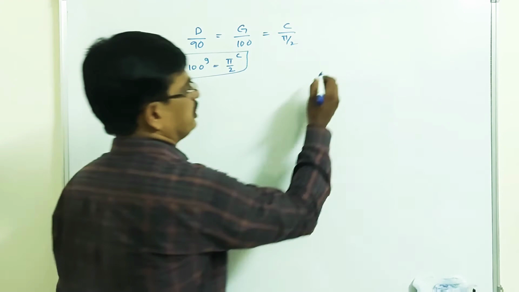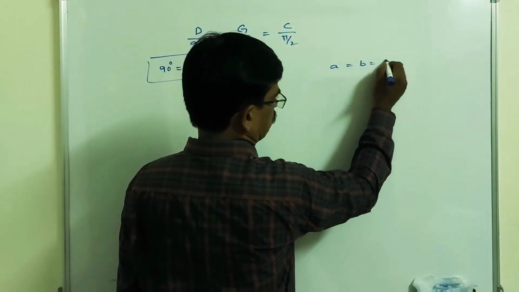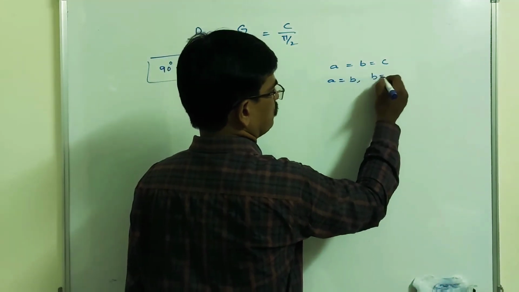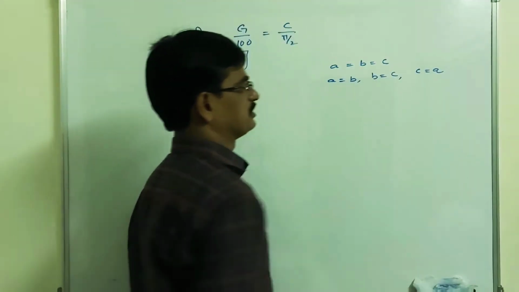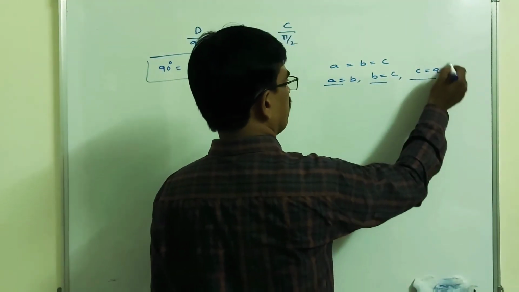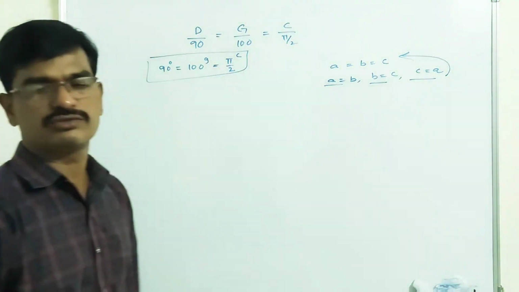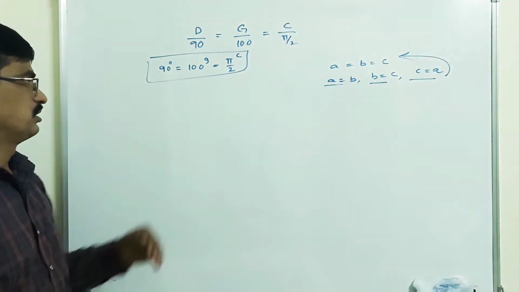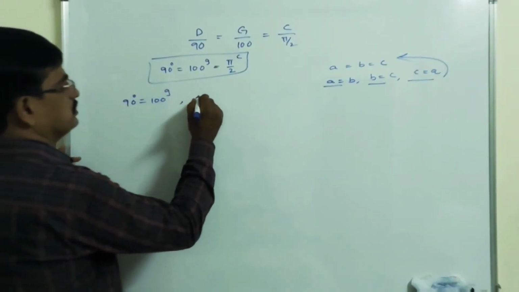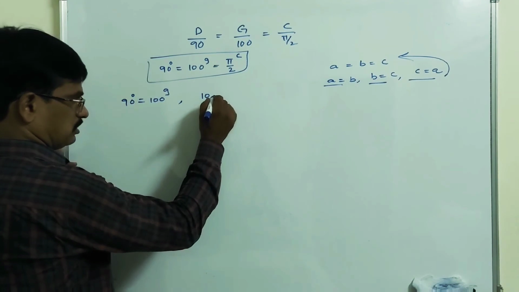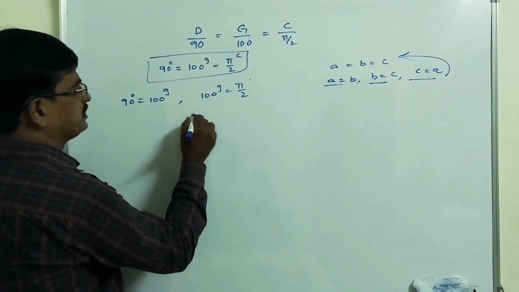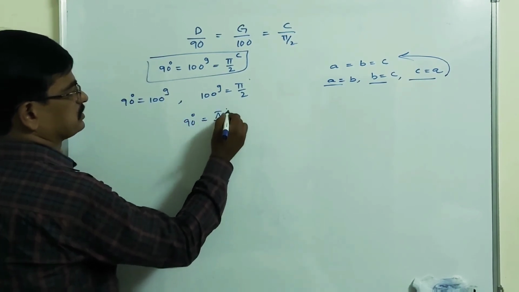We know that if A is equal to B and B is equal to C, then A is equal to C. This is the transitive property. So 90 degrees is equal to 100 grades, 100 grades is equal to pi by 2 radians, and 90 degrees is equal to pi by 2 radians.